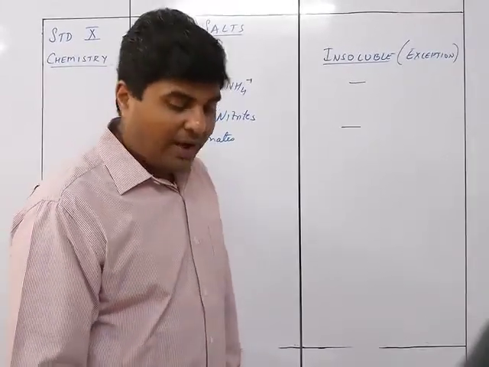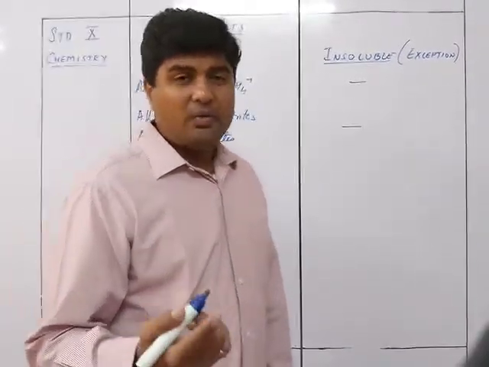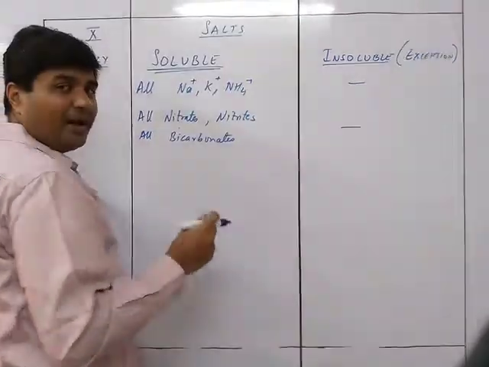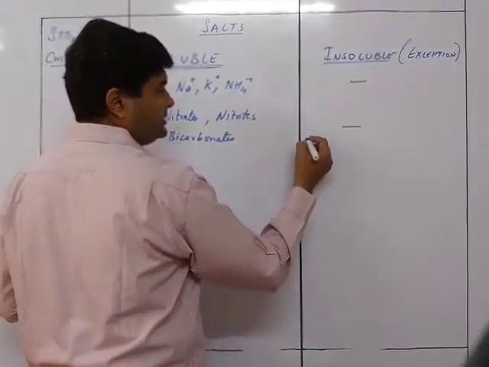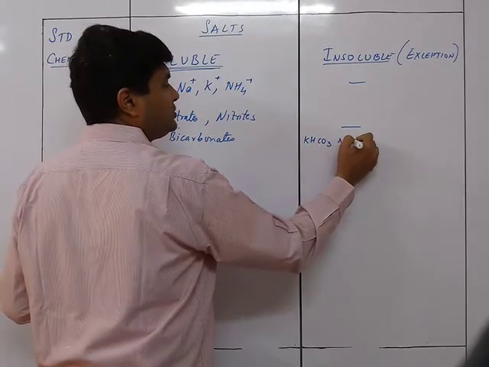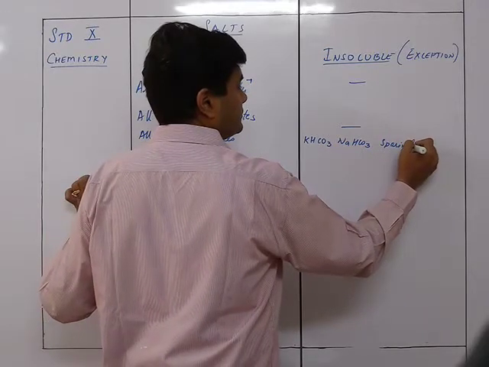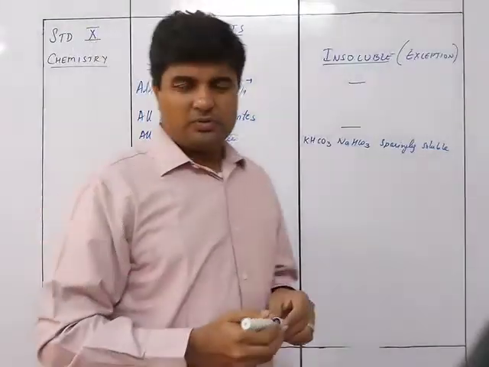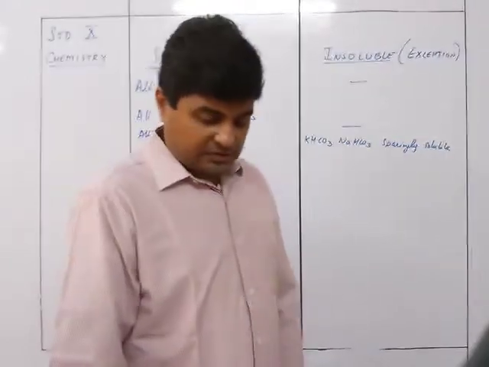There is only one exception: potassium and sodium bicarbonate, KHCO3 and NaHCO3, are only sparingly soluble. Sparingly soluble means partly soluble, not completely but partly. That is bicarbonates.